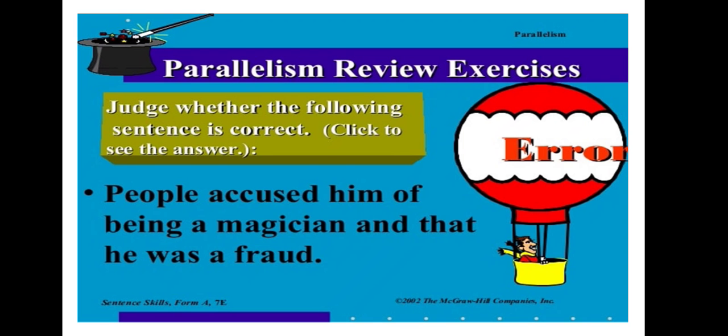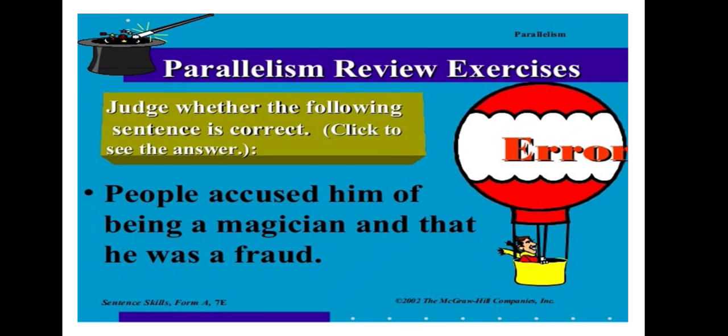If you were to revise the sentence into parallel structure, guys, how would you revise it? If I were to revise it, I will make it this way: he was being accused as being a fake magician and a scam.